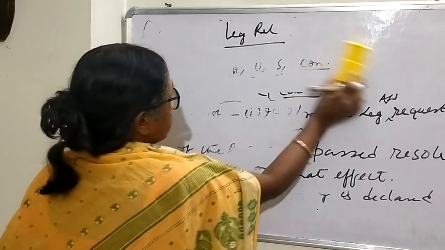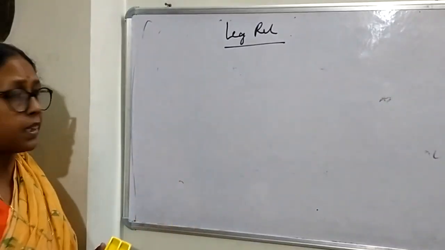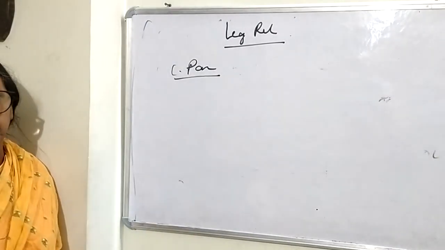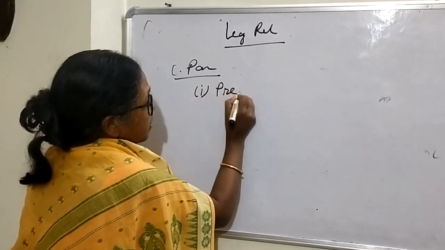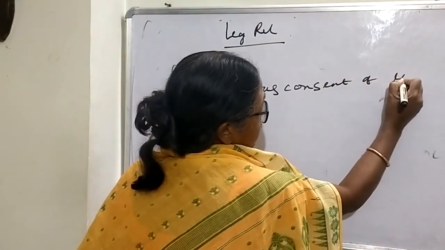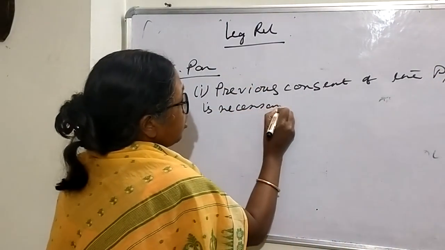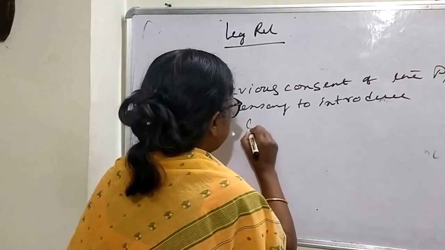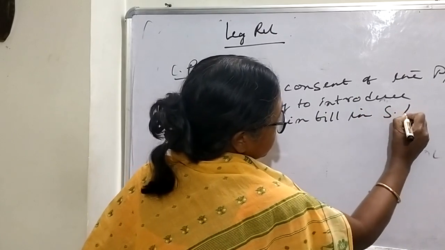Now you remember another thing I am telling you: the central government or central parliament is much more powerful in legislative matters, because sometimes, number one, the previous consent of the president is necessary to introduce certain bills in the state legislature.